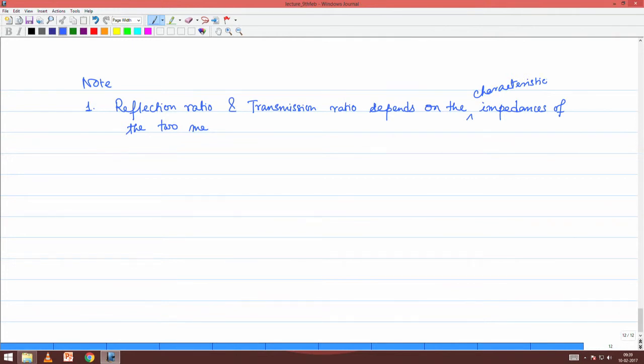The reflection ratio and transmission ratio depend on the characteristic impedances of the two media, right. That is a very crucial observation.